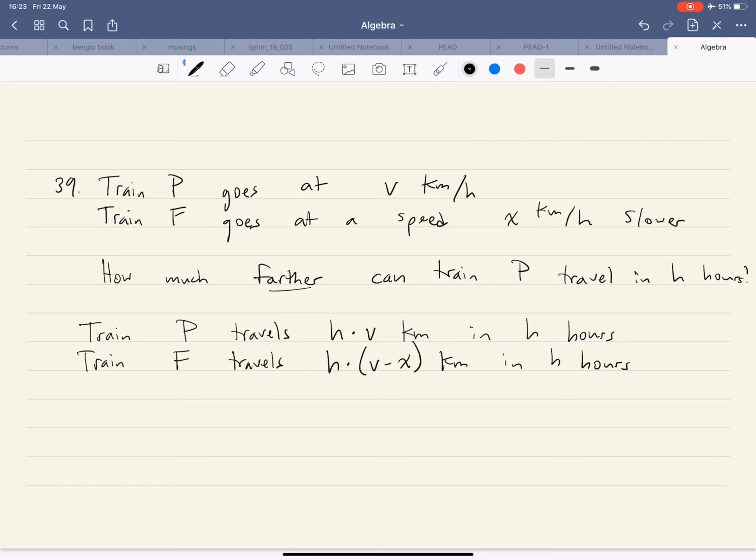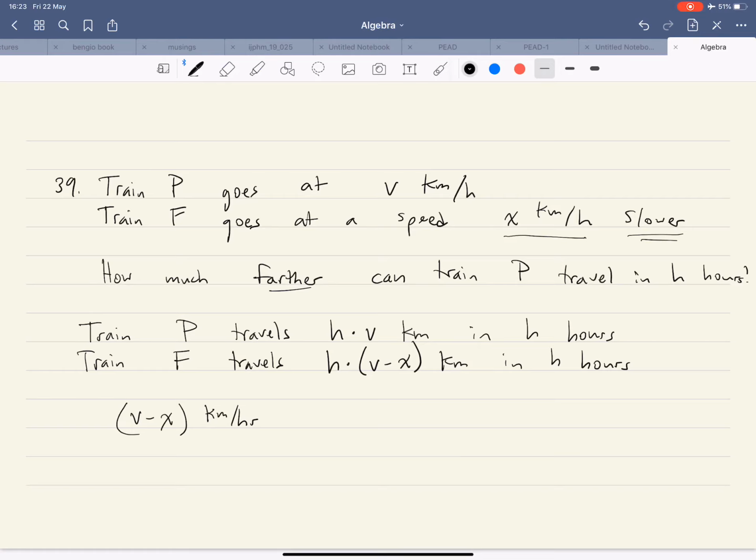Because train F's speed is going to be v minus x kilometers per hour, because it goes x kilometers per hour slower than train P.